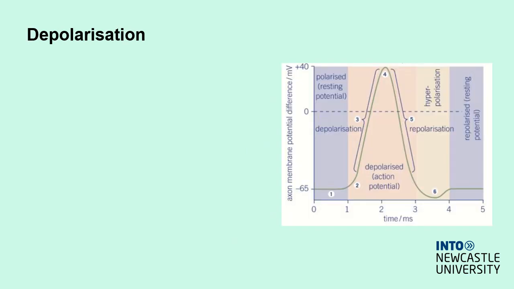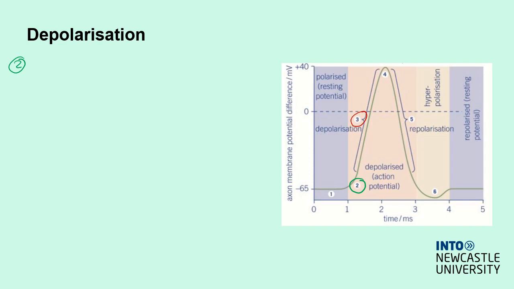So we've had resting potential. We're going to go into an action potential, and the first stage is depolarization, and we've got stage 2 shown on here, and stage kind of 3 are all depolarization. And we'll talk about these stages in turn.